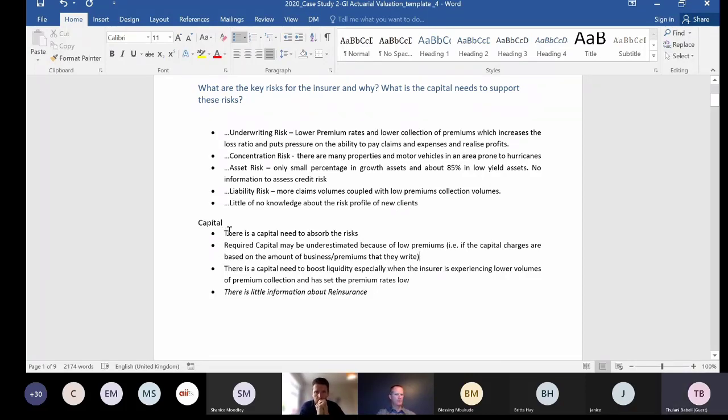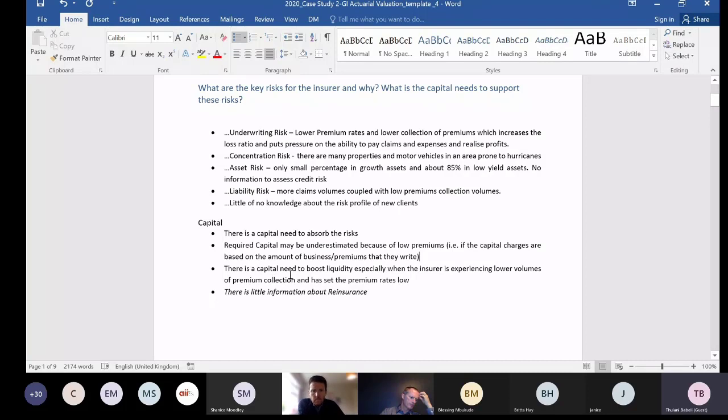And then on the capital needs to support these risks, there's a capital need to absorb the risks, and the required capital may also be underestimated because of low premiums. For example, if the capital charges are based on the amount of the business or premiums that the business writes, if they're low, then it sort of underestimates the required capital.